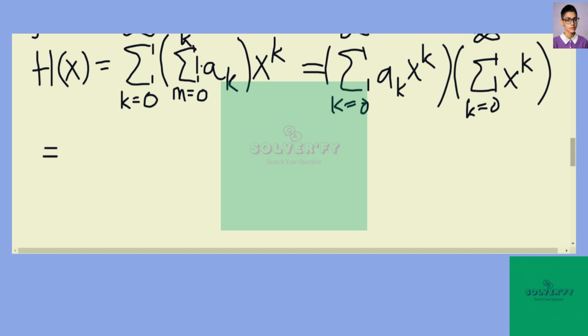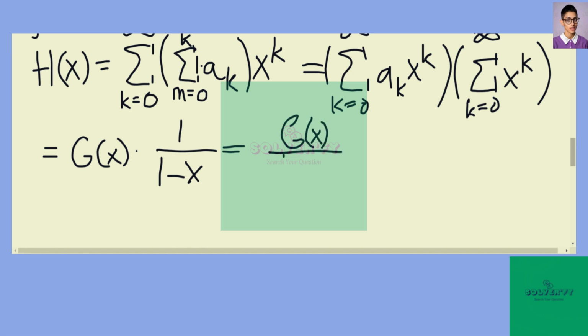And this is equal to g of x times, and we have by theorem this is 1 over 1 minus x, and so we get g of x over 1 minus x.